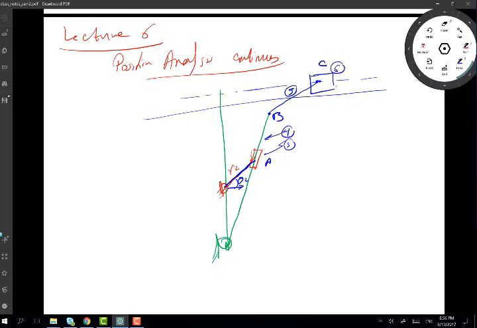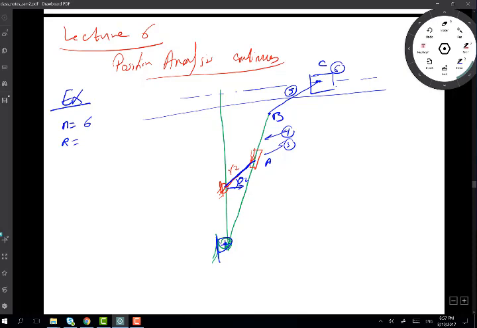So how many degrees of freedom do I have over here? Let's quickly check. We have 6 links, and how many revolute joints?